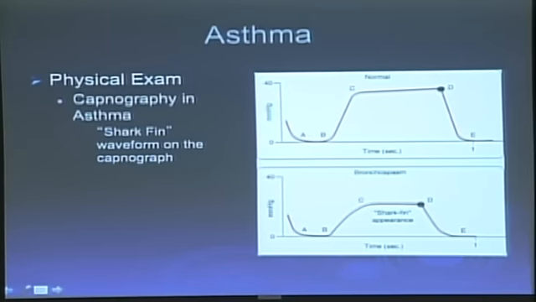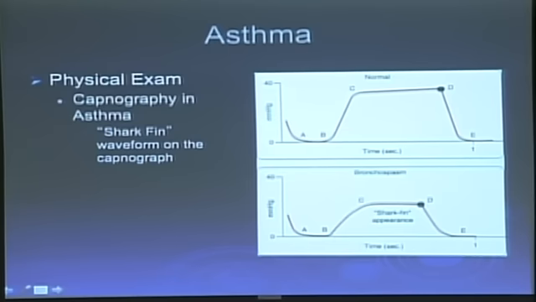Your capnography in asthma, you could use as a cheap peak expiratory flow meter, because capnography in asthma is characteristically the slow expiratory phase tapering off, so that you have the so-called shark fin versus the nice rapid expiratory phase.